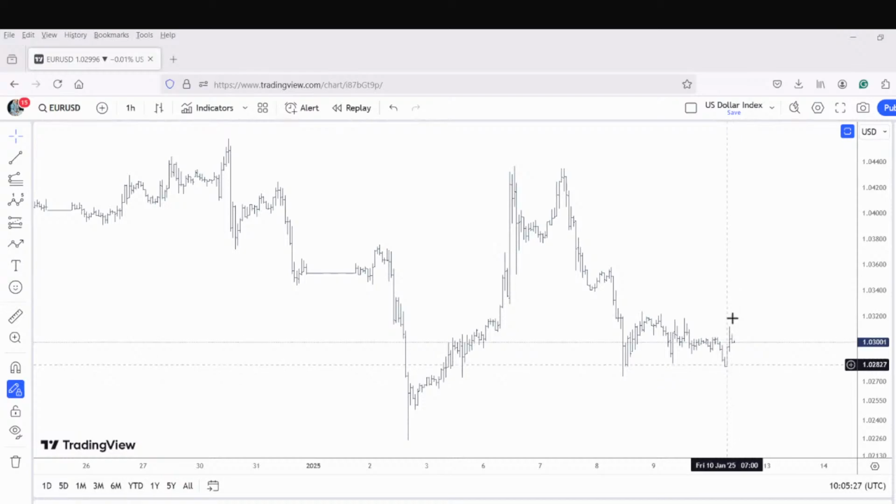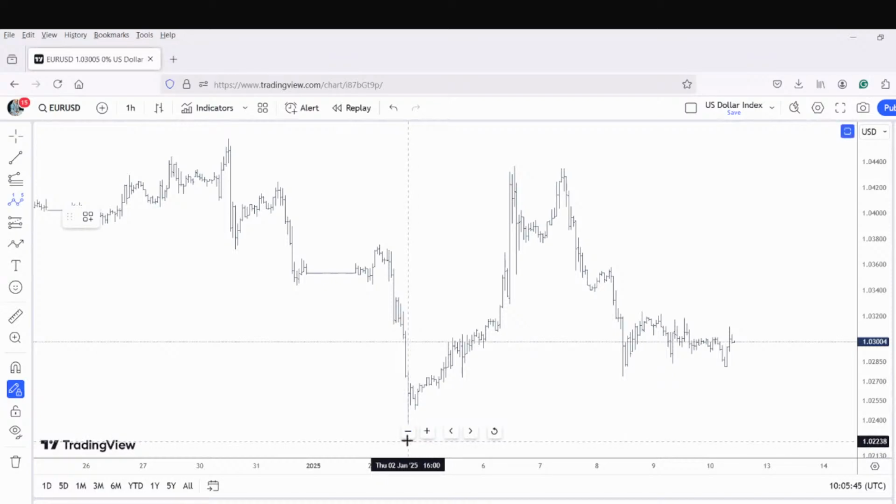I think in the late Asia session, the price action has really kicked off, and it looks like a lower degree Wave two is just complete. Let me run through the counts here.